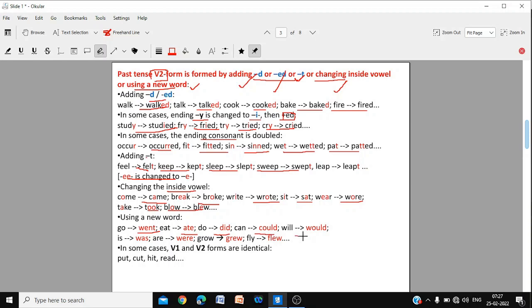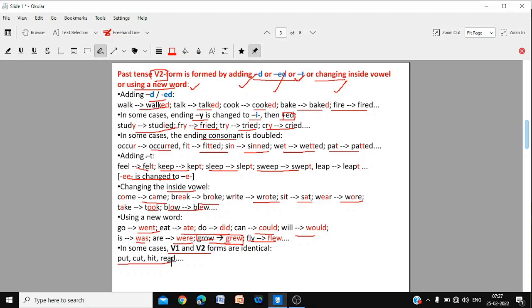Will, would. Is, was. Are, were. Grow, grew. This can also be regarded as changing the inside vowel, of course. Fly, flew. In some cases, V1 and V2 forms are identical. Put, cut, hit. In these cases, V1 and V2 forms are similar.